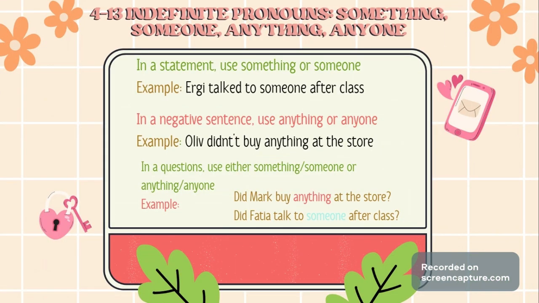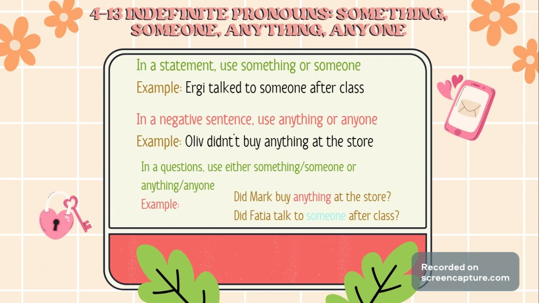Next, indefinite pronouns: something, someone, anything, and anyone. In a statement, use something or someone. Example: Argy talked to someone after class. In a negative sentence, use anything or anyone. Example: Olive didn't buy anything at the store.